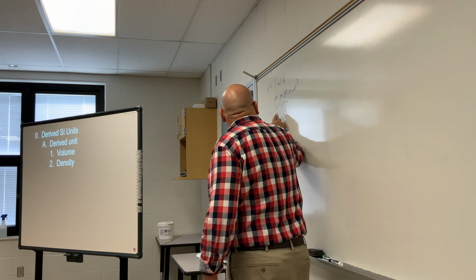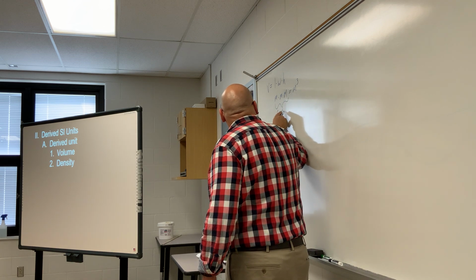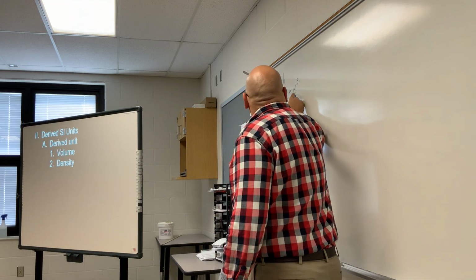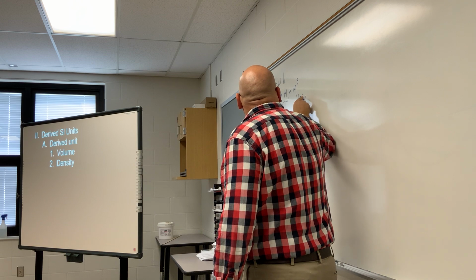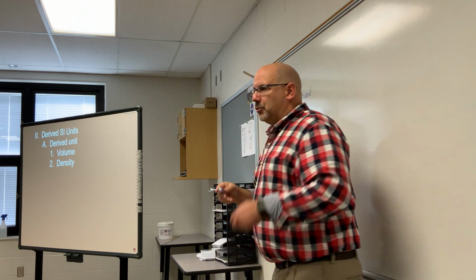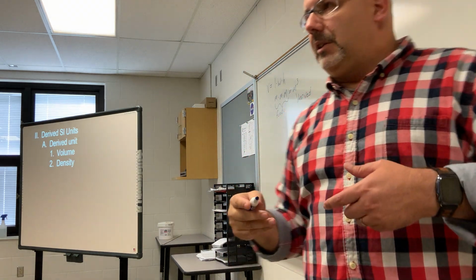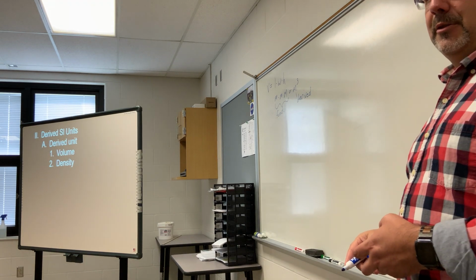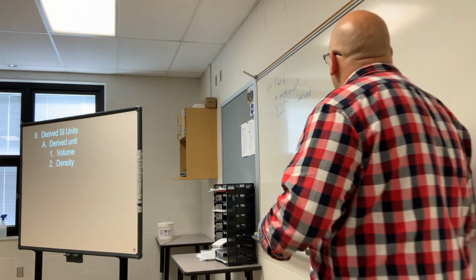Individually, these are fundamental units. But by combining three fundamental units, this is now a derived unit. You're creating a new unit from those three fundamental units. Does that make sense? Okay.